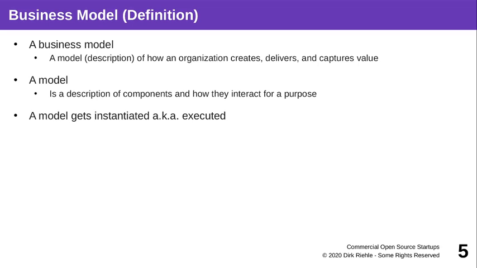Since it's a model, it has to be instantiated. So a model is kind of static, but it comes to life by people actually turning that model into action. So it's a blueprint for a company, how to operate, but without the actual operations of that company, also meaning the execution of the business model, there is no business.